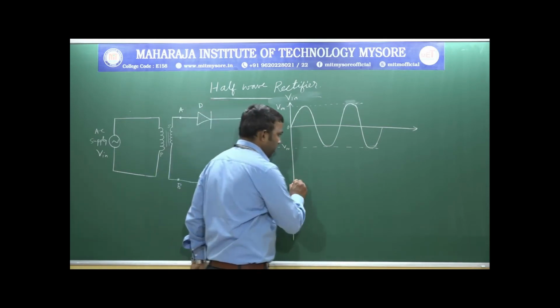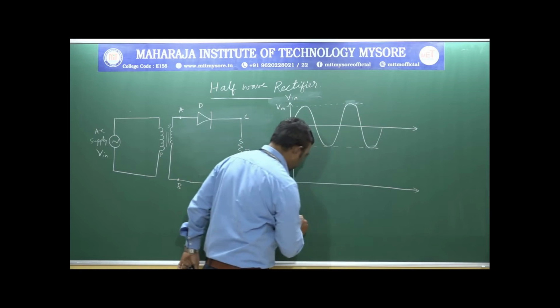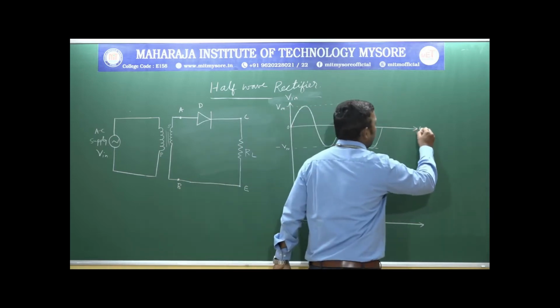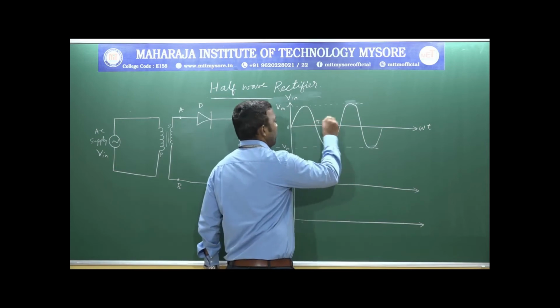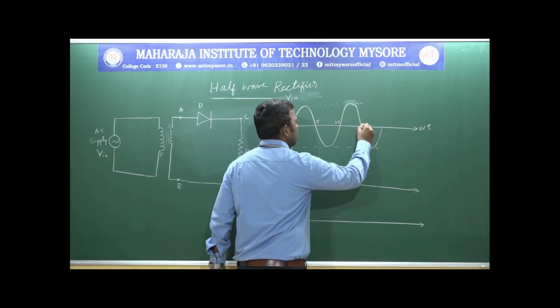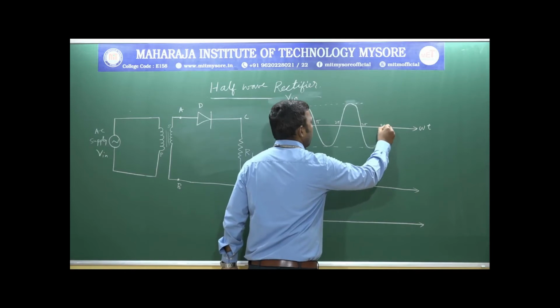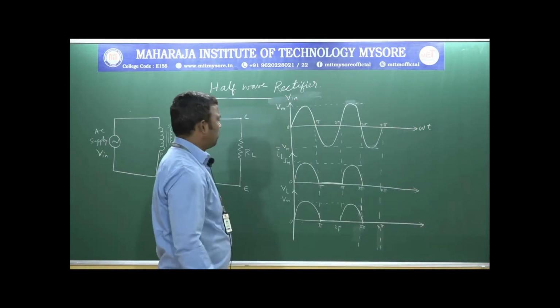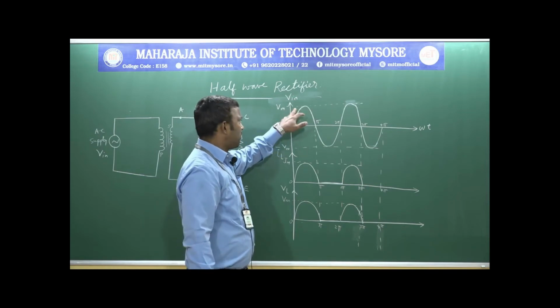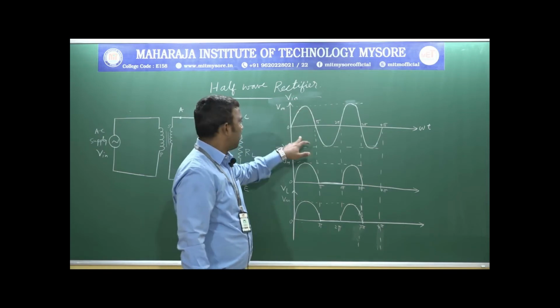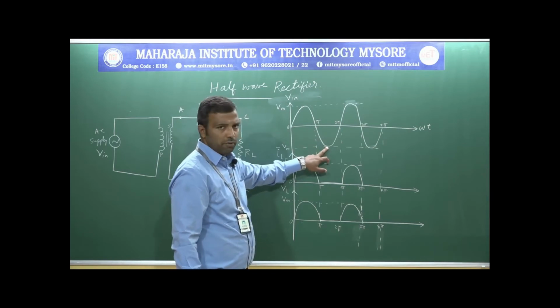Next, we will consider voltages and currents with respect to time, which I will call omega t. This is 0, pi, 2 pi, 3 pi, 4 pi, etc. These are the waveforms for input voltage V in, with maximum Vm and minimum minus Vm.